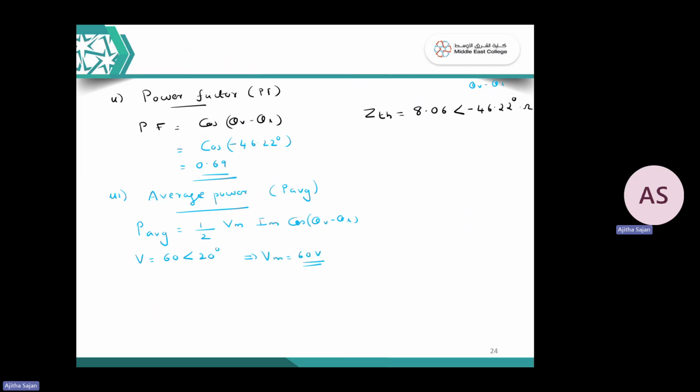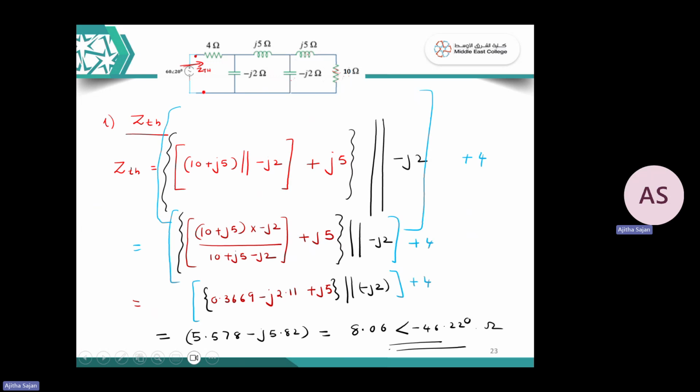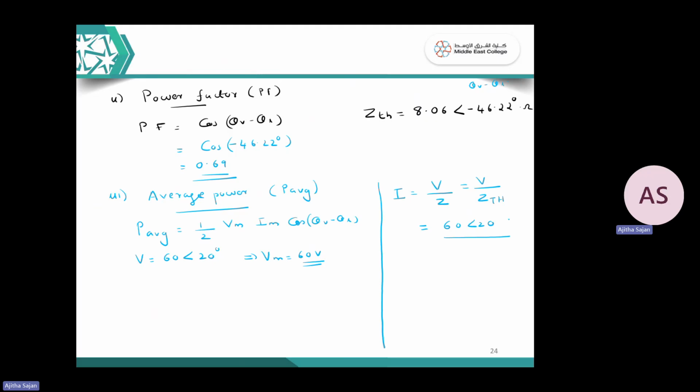Vm is 60 volt. You have to get Im. As I told you, let me calculate. I should be equal to V divided by Z, so it is V divided by your ZTH. What is V? 60 angle 20. What is ZTH? ZTH is 8.06 angle minus 46.22. You can use rectangular form also; anything you can write while doing the calculation, no issues.